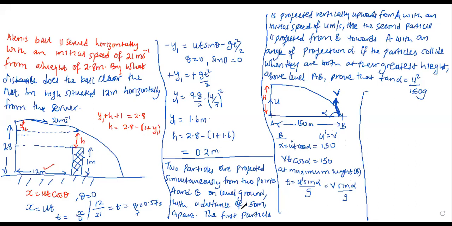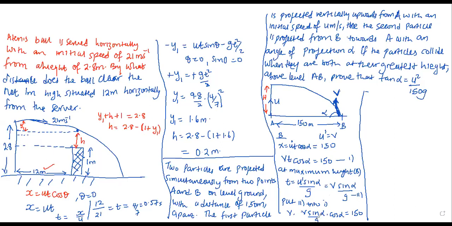I can decide to make t the subject, or I can equate the time here in Roman 1 and the time here in Roman 2. Or I just take the time there by putting 2 into 1. So we shall have V times V sine of alpha over g times cos of alpha is equal to 50.